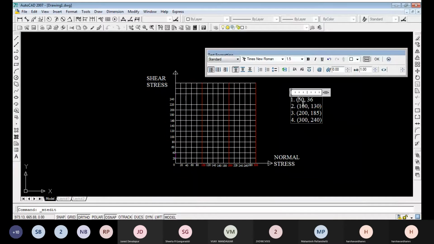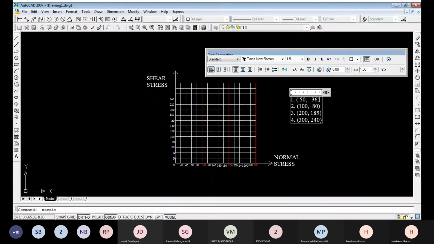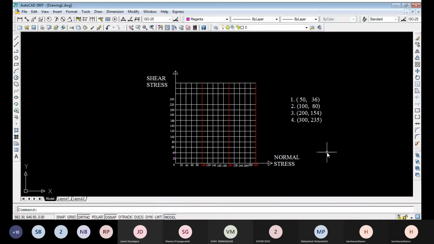For the second point, the coordinates are 100, 80. For the third point, the coordinates are 200, 154. For the last trial, coordinates are 300, 235. So I'll write down the coordinates and then I'll start marking the points.